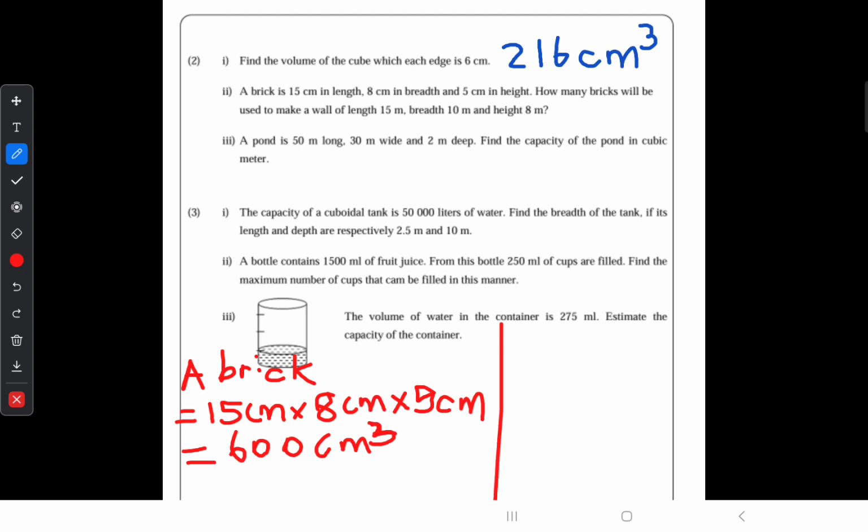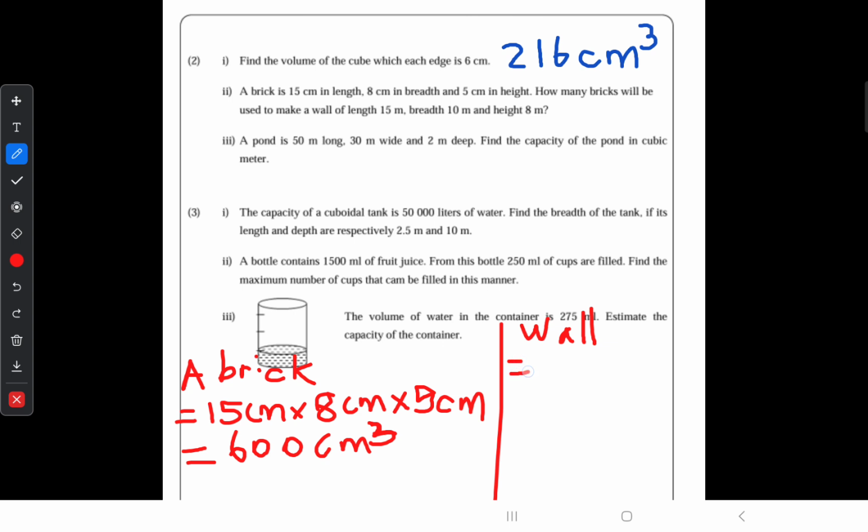Now we have to find the volume of that wall in cubic centimeters. Otherwise, we can't relate that because here you can see the measurements are in meters, but the brick's measurements are in centimeters. So you have to convert these meters into centimeters to find the volume of that wall.